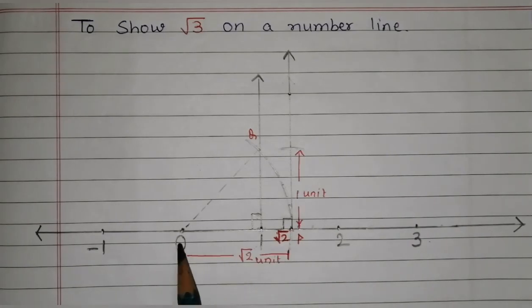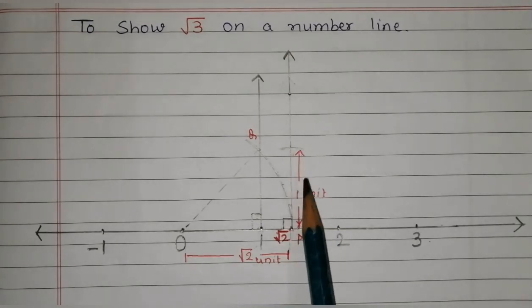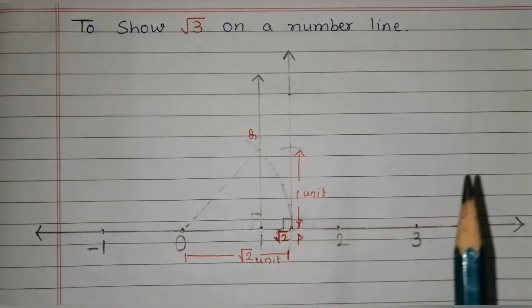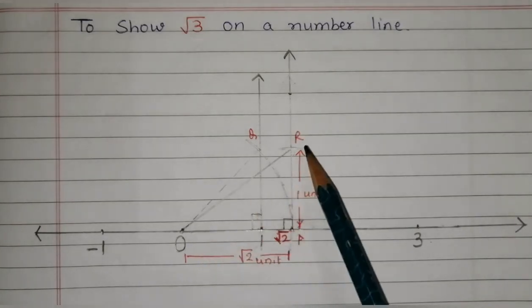So now distance OP is root 2 unit, and distance from P up to this mark which you have made is 1 unit. Join points O and R.